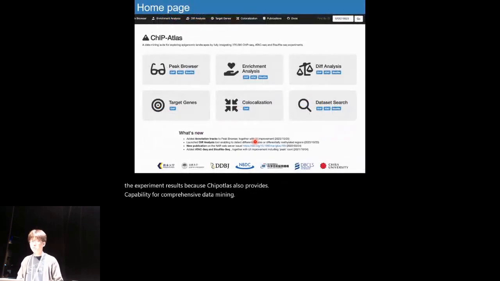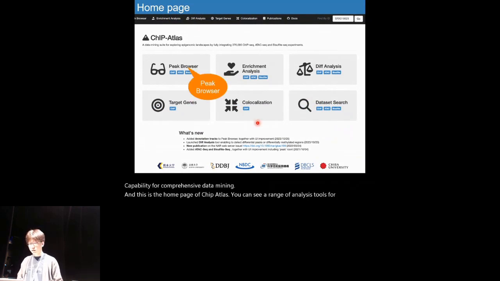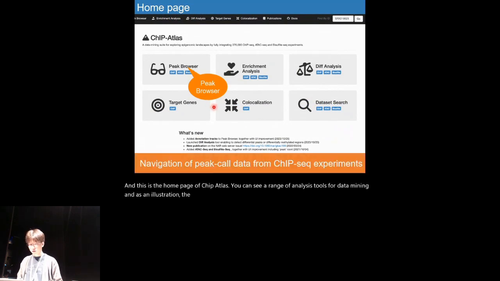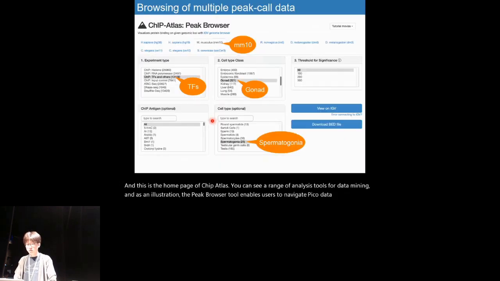And this is the homepage of ChIP-Atlas. You can see a range of analysis tools for data mining. As an illustration, the peak browser tool enables users to navigate peak call data from ChIP-Seq experiments.